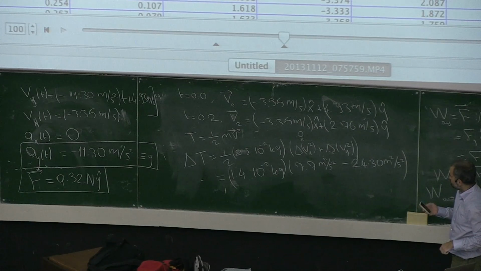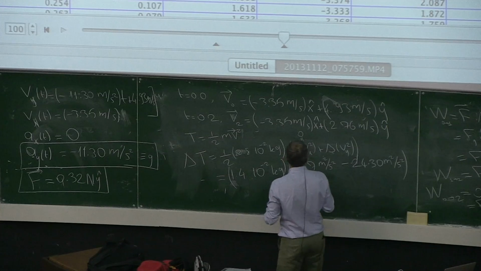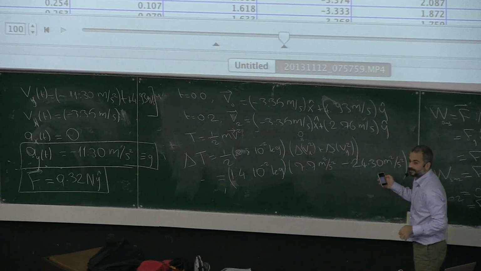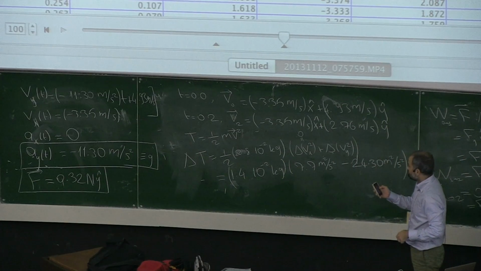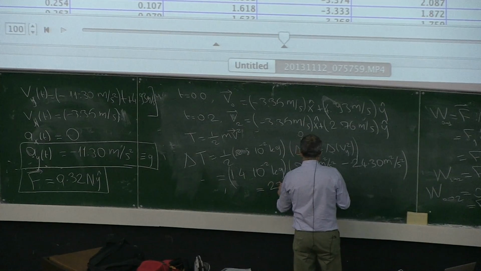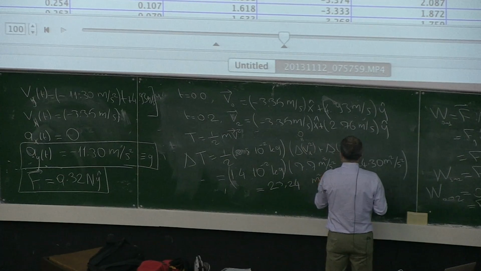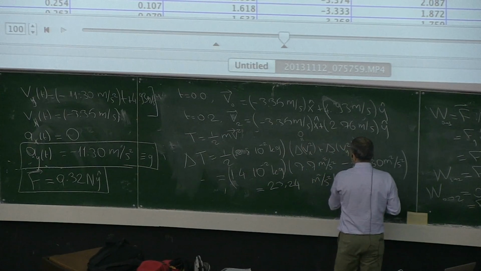The difference is, well, 16.6 meters squared per second squared. If you multiply it with 1.4, you get 23.24 meters squared per second squared kilogram.